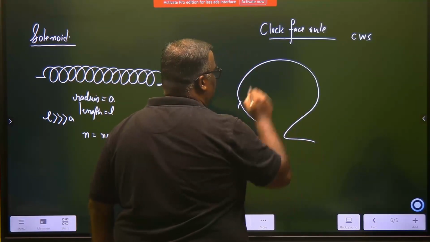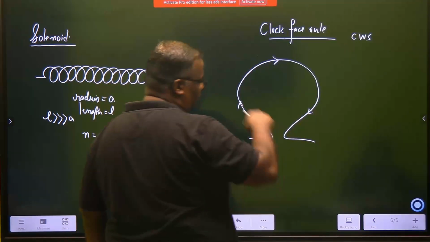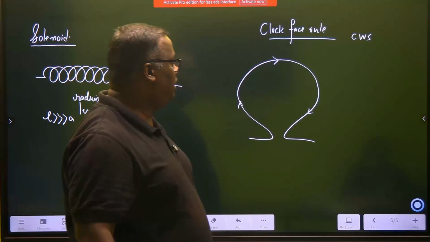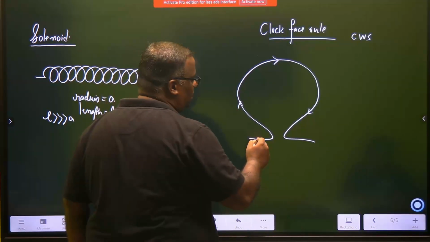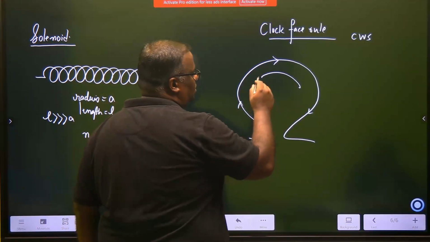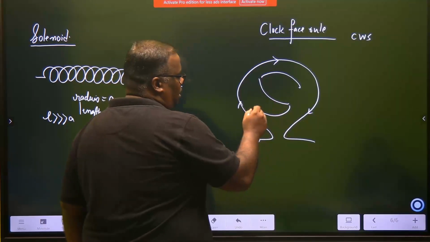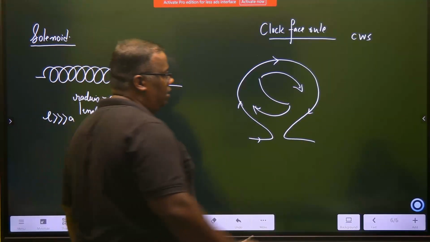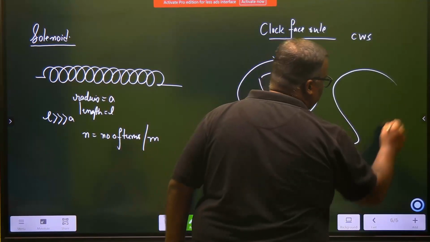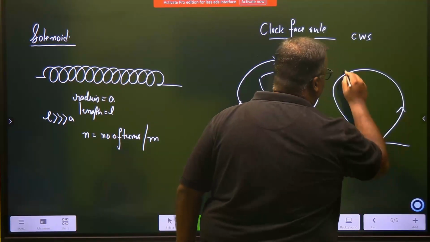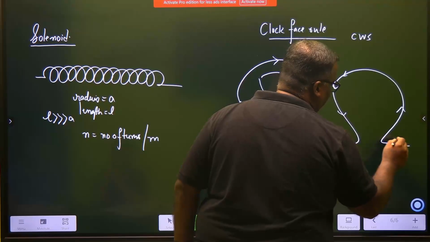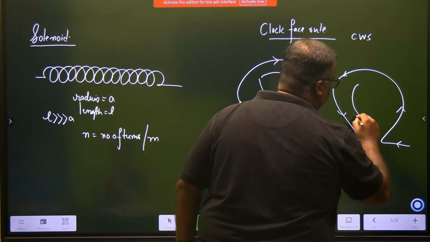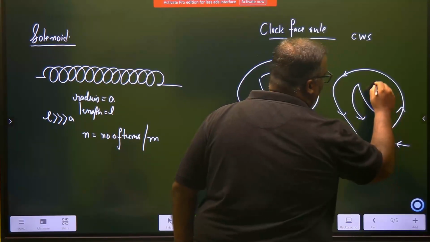Now, if you see from your side, this current is going in what direction? The current is going in a clockwise direction. So here you will see basically a south pole on this side. And if you see that the current is going in this direction, then you basically see a north pole.